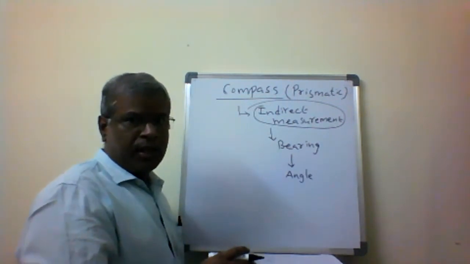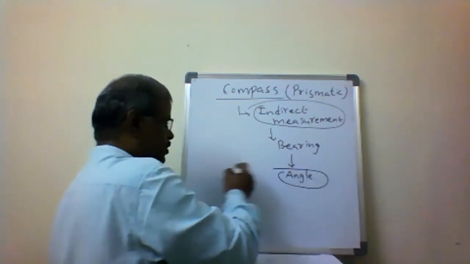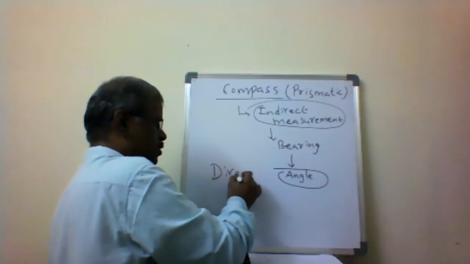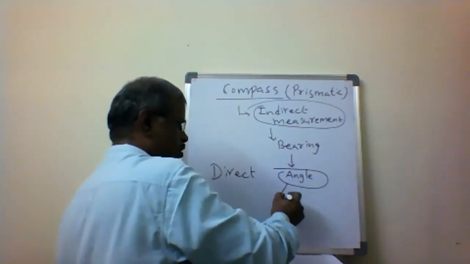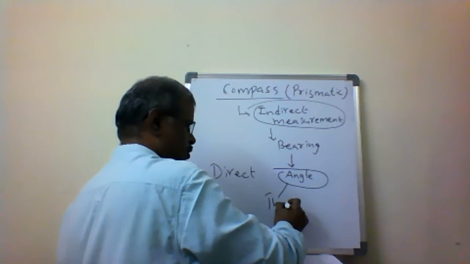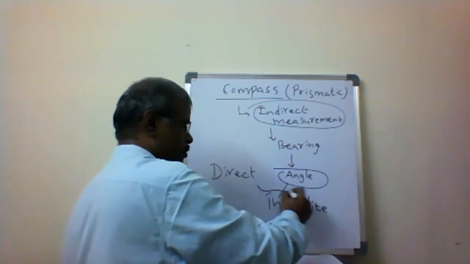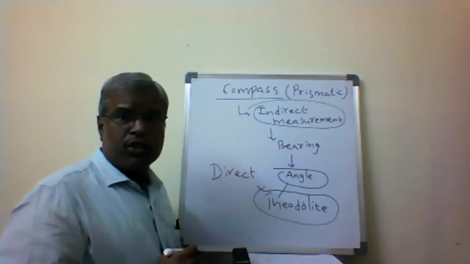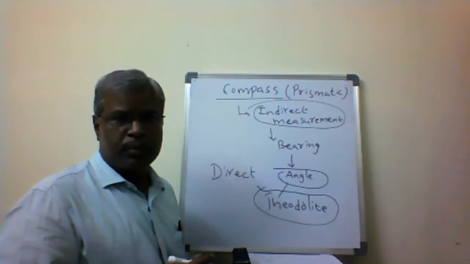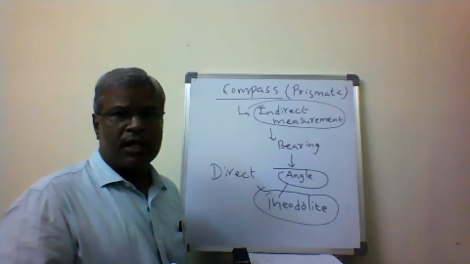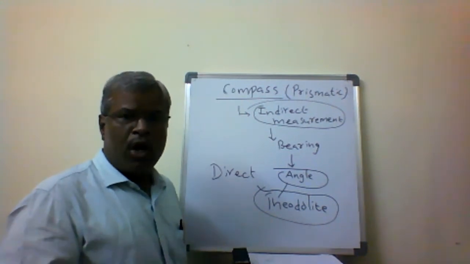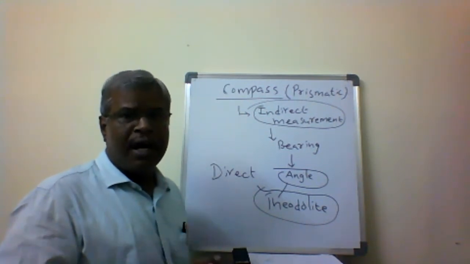If I want to get the angle directly, that is the direct measurement, and I use the theodolite instrument. The theodolite directly gives the measurement of angles, either the horizontal angle or the vertical angle. So this is the difference between bearing and angle.